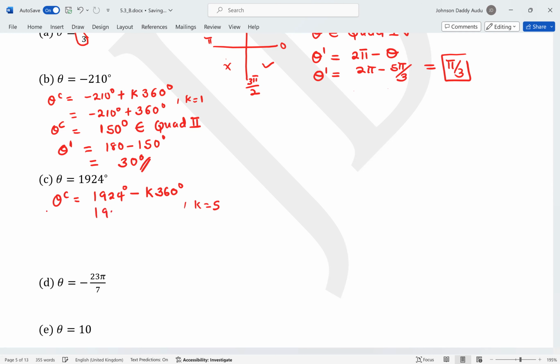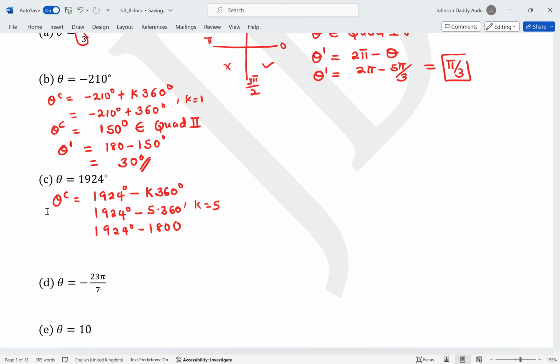We'll have 1924 degrees minus 5 times 360. So you have to try these numbers. So this is going to be 1,800.